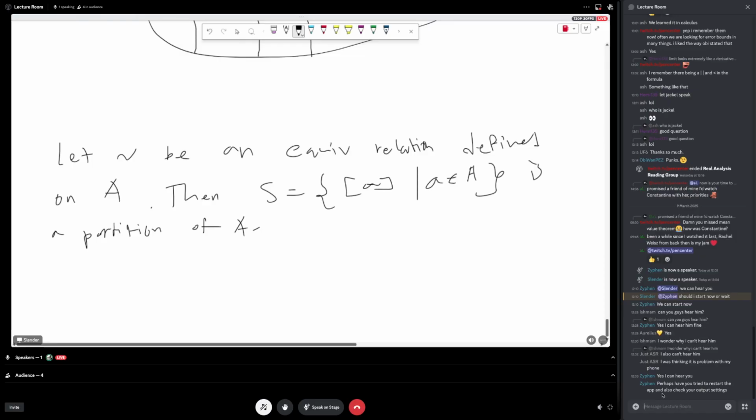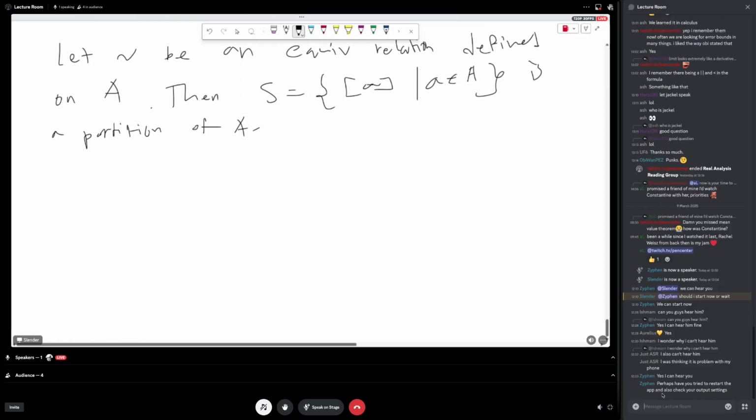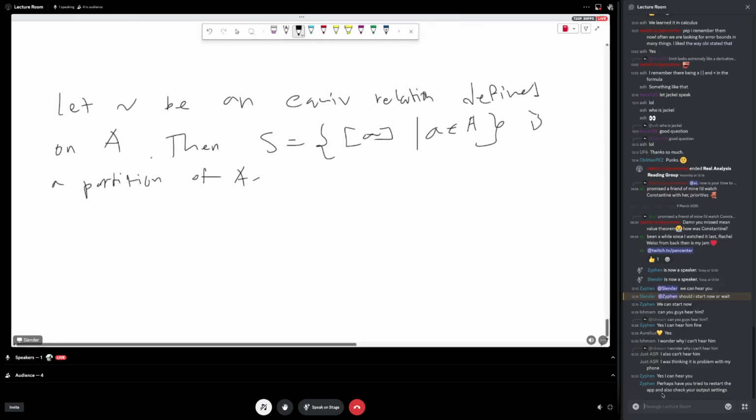It tells us that if we have an equivalence relation, then the collection of all equivalence classes of A is a partition of A. We can also prove this similarly as we proved our previous one.